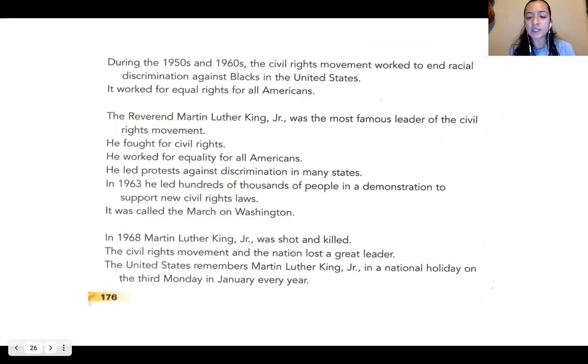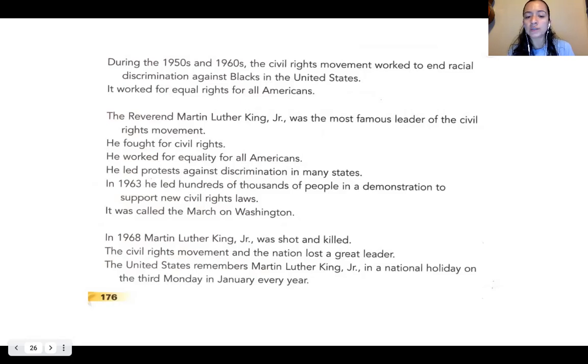He fought for civil rights. He worked for equality for all Americans. He led protests against discrimination in many states. In 1963, he led hundreds of thousands of people in a demonstration to support new civil rights laws.